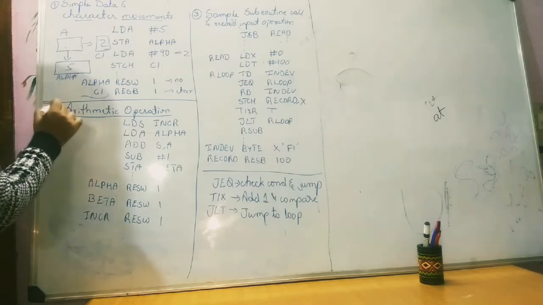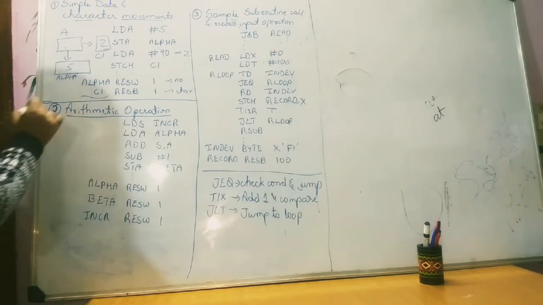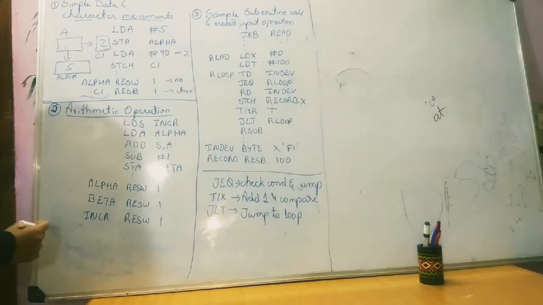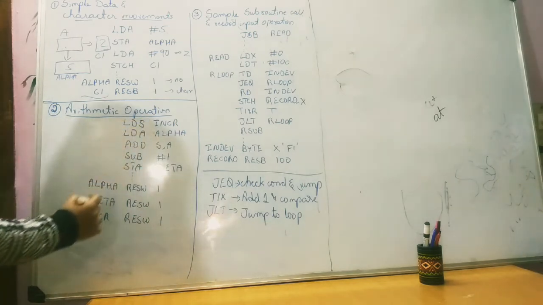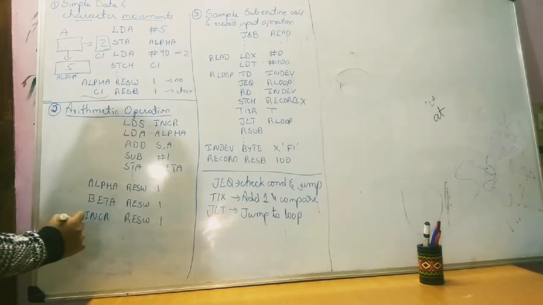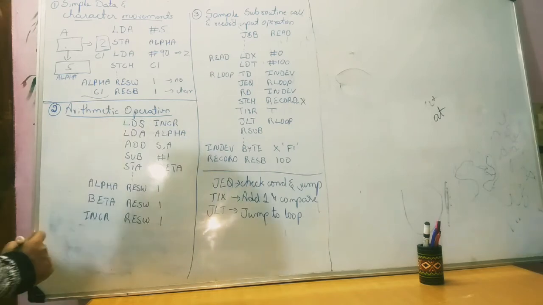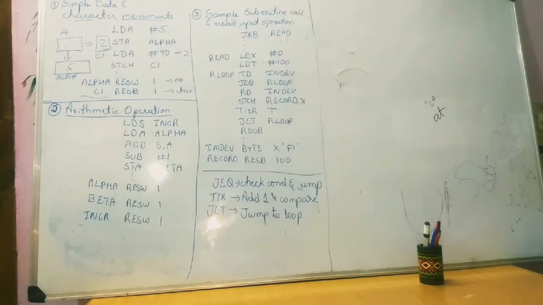And here, next, the second example I have taken is an arithmetic operation. The same example which I discussed in the SIC machine, the same example here. So load INCR. Whatever the value is there in INCR, that will be loaded.